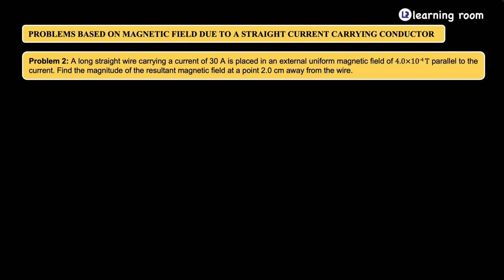So listen. Here the problem is: a long straight wire carrying a current of 30 ampere is placed in an external uniform magnetic field of value 4 into 10 power minus 4 Tesla, and the field is generated parallel to the current flowing in the wire.